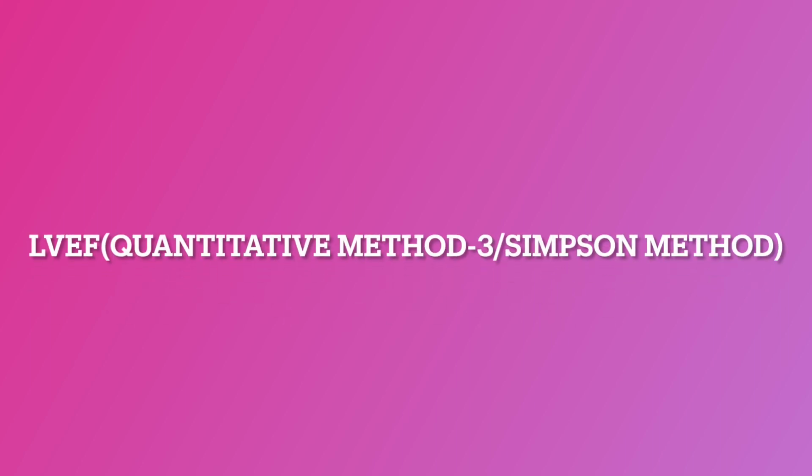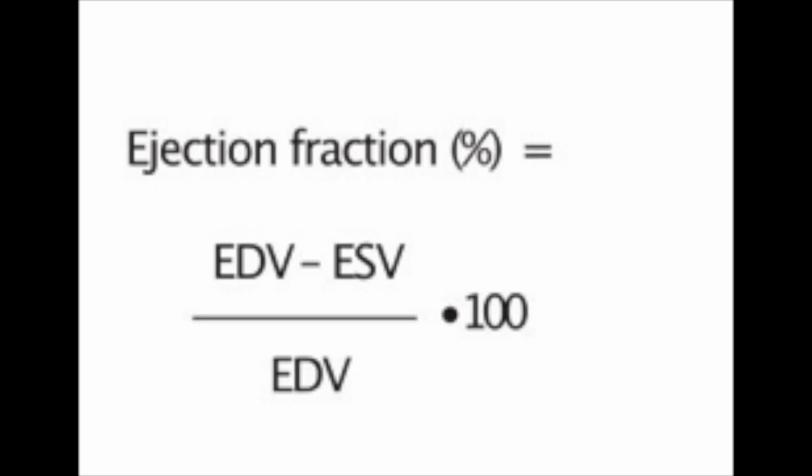So the assessment of ejection fraction by the Simpson method is considered most accurate, and in this we have to calculate the end diastolic volume and end systolic volume, and then these findings can be applied in this formula to calculate the ejection fraction.